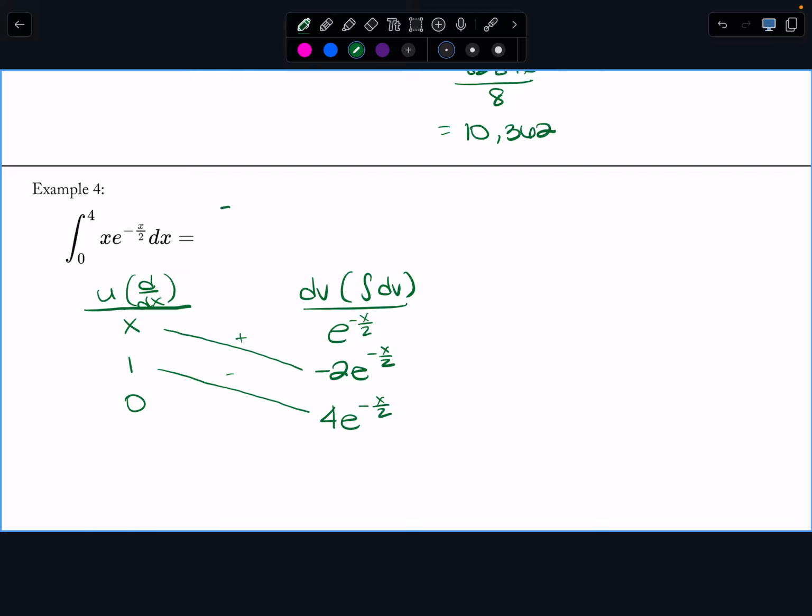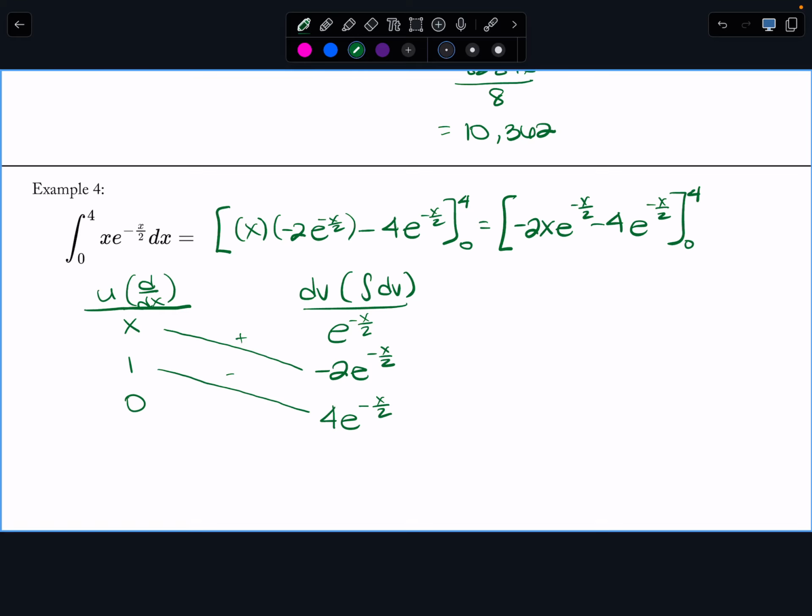So now my antiderivative is x times negative 2e to the negative x over 2 minus 4e to the negative x over 2. And I'm evaluating this from 0 to 4. Clean it up a little bit, so negative 2x e to the negative x over 2 minus 4 e to the negative x over 2 from 0 to 4.